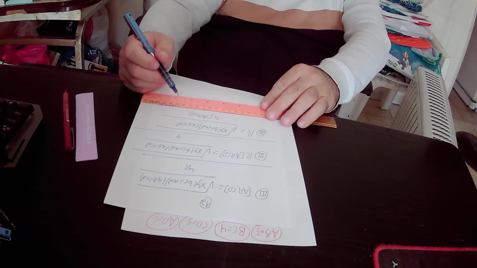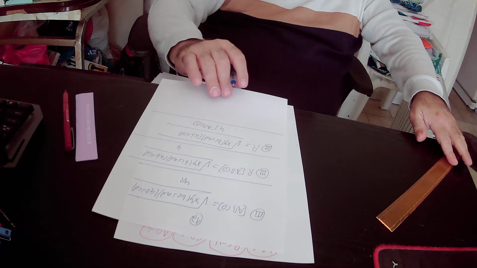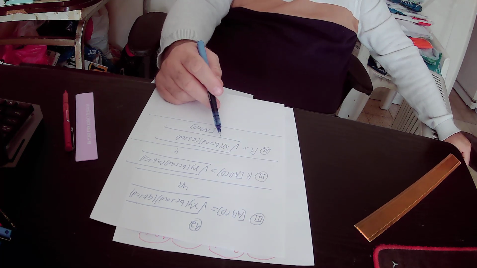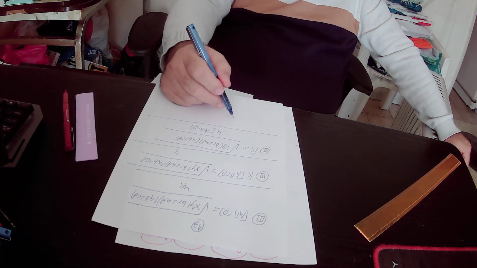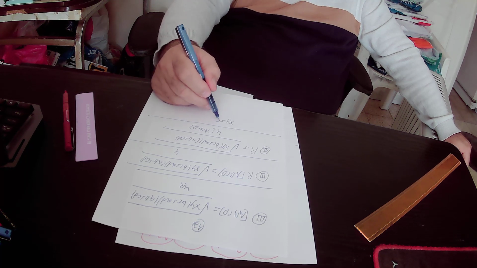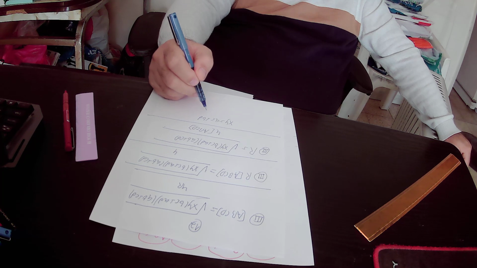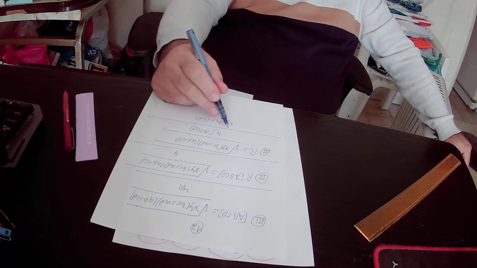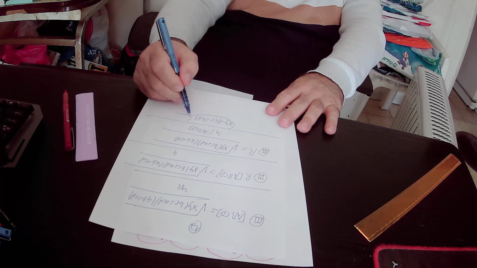Okay? But what is x times y that we have in equation number 3? x times y, according to rule number 2, equals AC plus BD. Okay, x times y equals AC plus BD according to rule number 2.